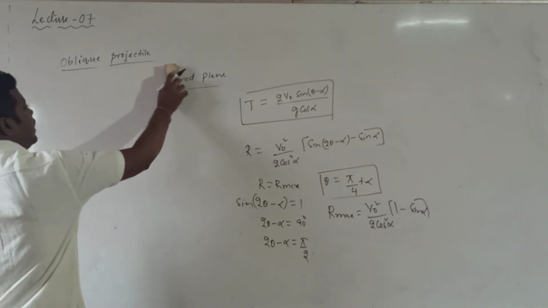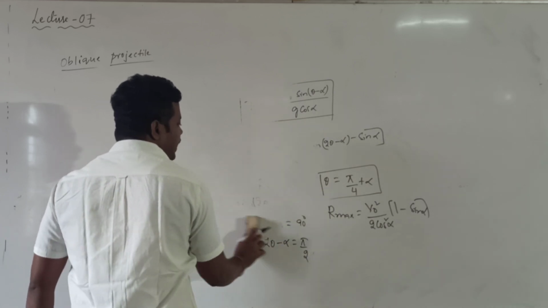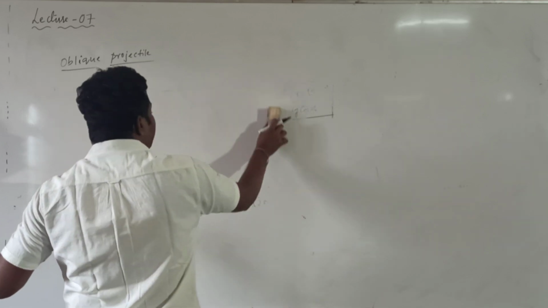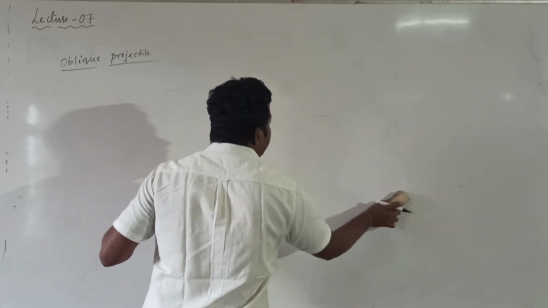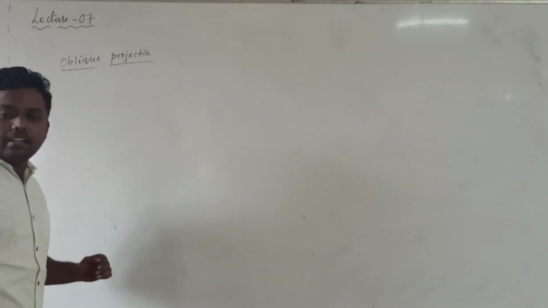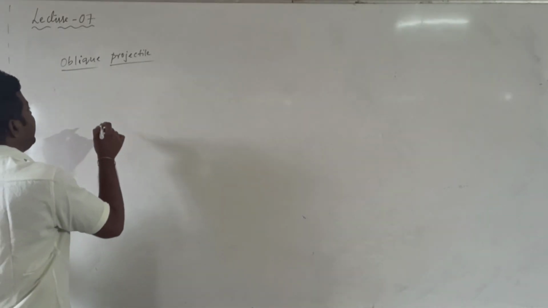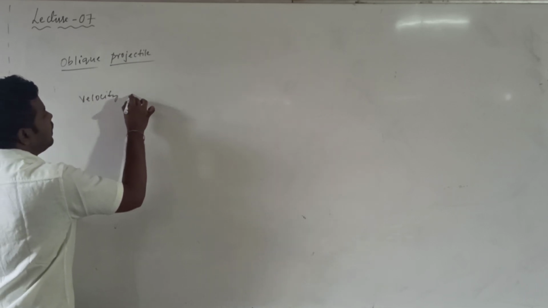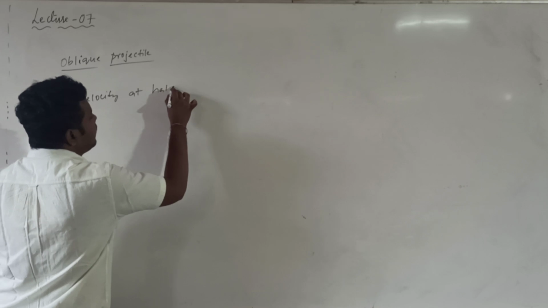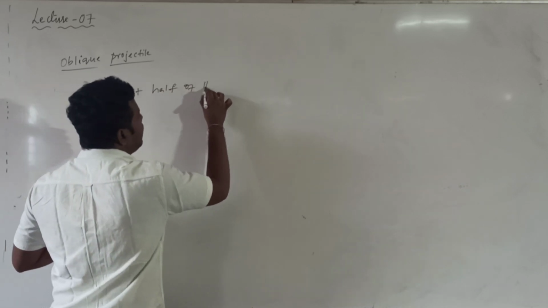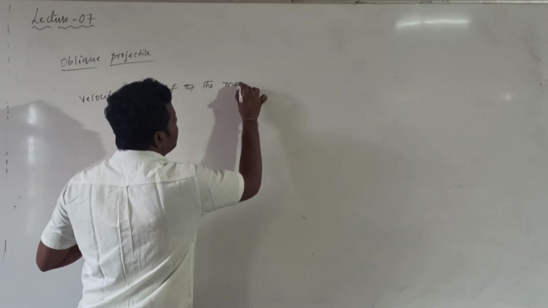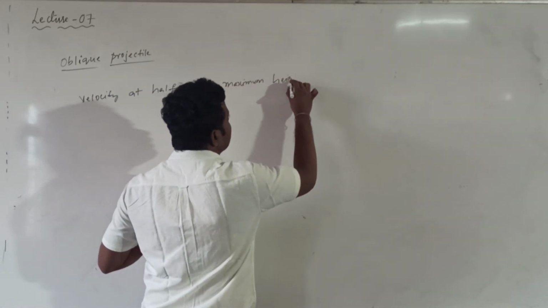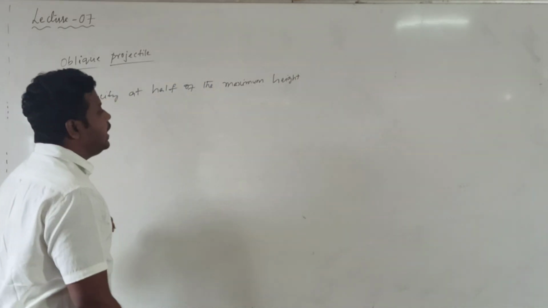Before starting the horizontal projectile, let us see one last pointer. If they ask us to calculate the velocity of the oblique projectile at half of its maximum height, how can I calculate this?